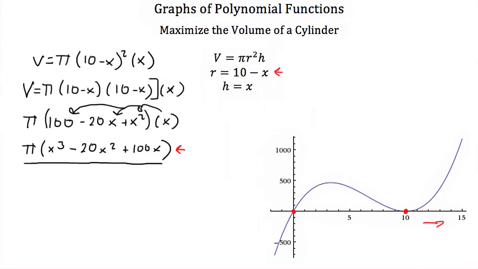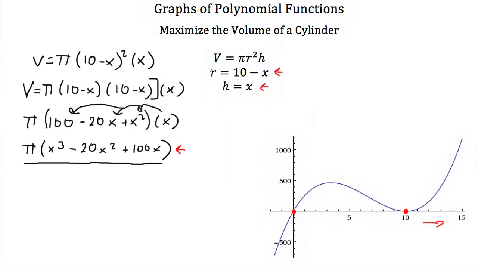And then we have another intercept here that's at 0, and that's because our height is equal to x. So if we went to the left of that x-intercept, we would end up with negative values of x, and then that would make our height negative, and then that wouldn't make any sense. So we know that our volume of the cylinder has to occur when x is between 0 and 10.